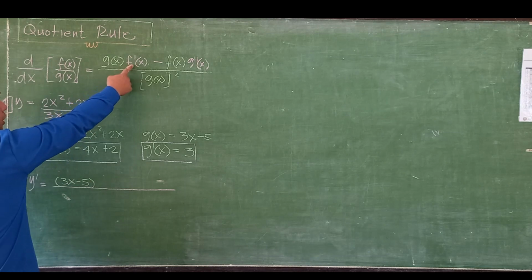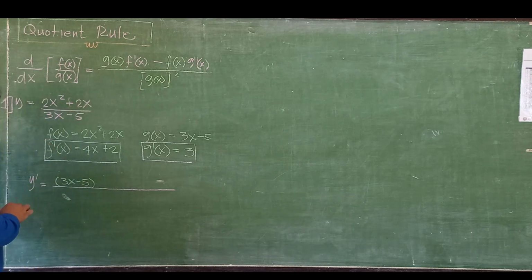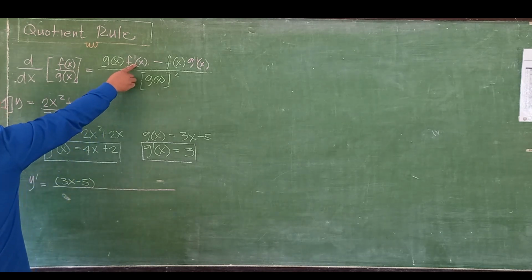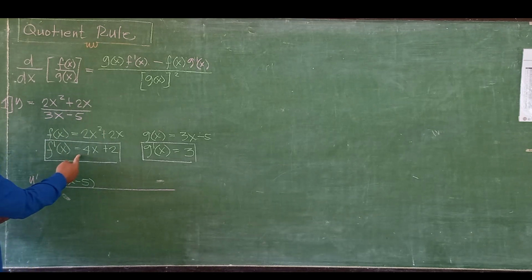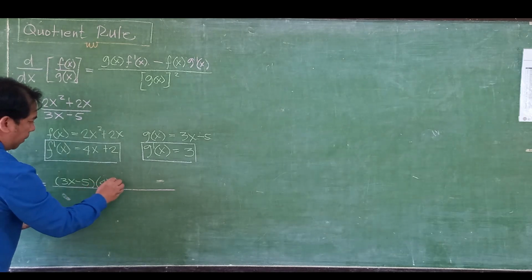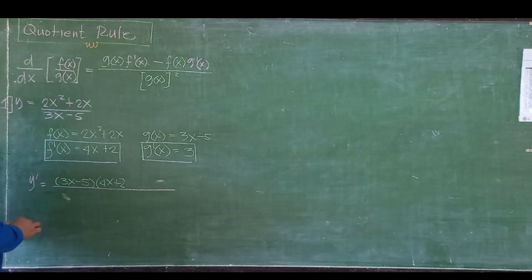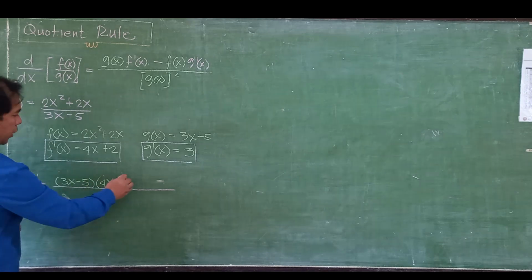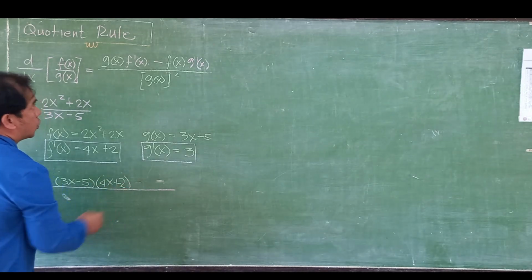Now what is the derivative of the f function? So we have in here f prime of x, that is to be multiplied by 4x plus 2. And of course, minus.